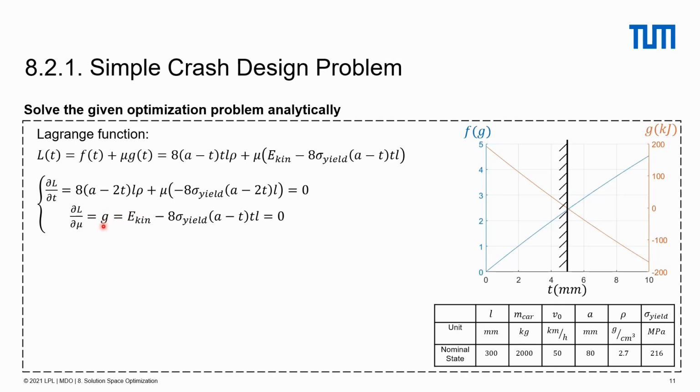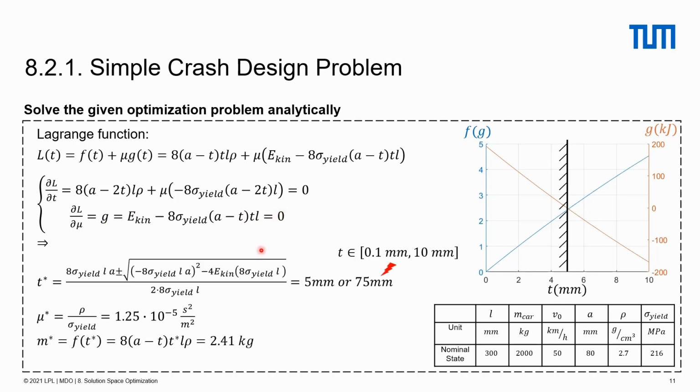That means G is also equal to 0. The solution of T can be calculated along with the second equation, and we can find the solution of this equation at 2 points. The first one is T star equals 5 mm, and the second one is T equals 75 mm.